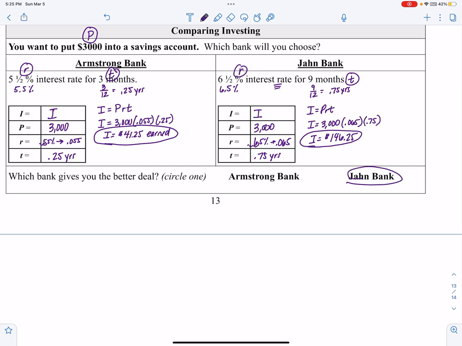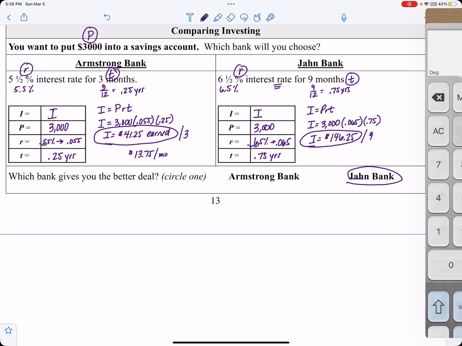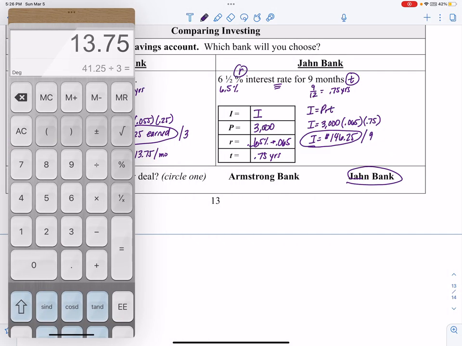One thing I do want us to think about and be aware of is this is over a 9-month time. This is over a 3-month time. Even if you look at the unit rate of that, $41.25 divided by 3 months, we're talking $13.75 a month for this one. And for the Jan Bank, $146.25 divided by 9 to get a unit rate.